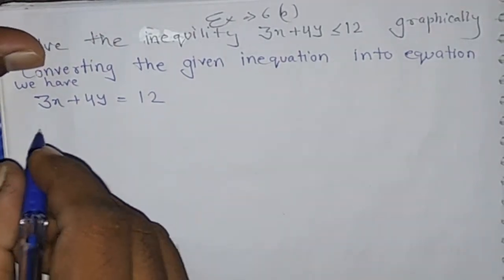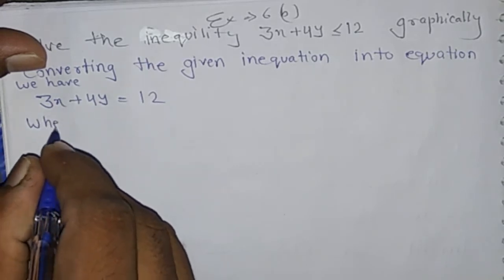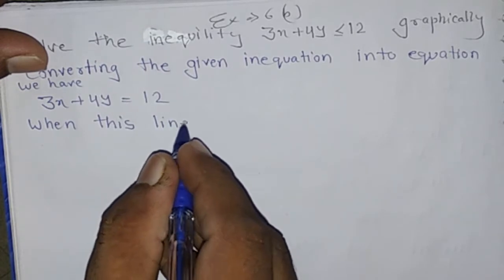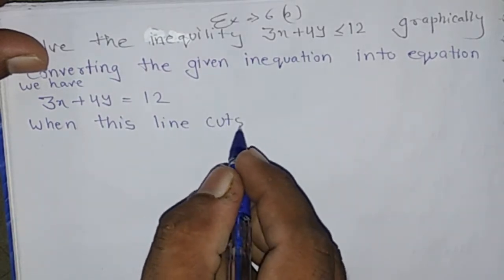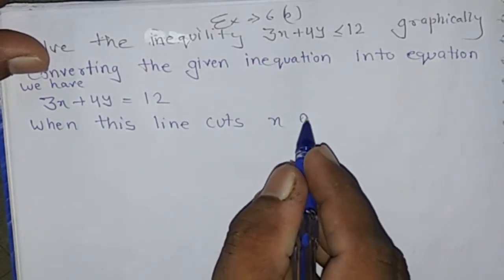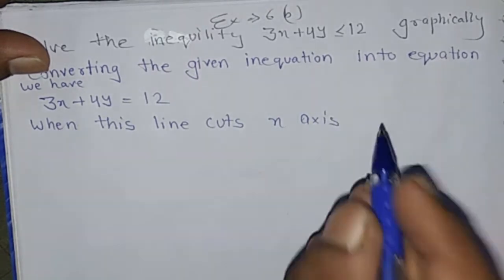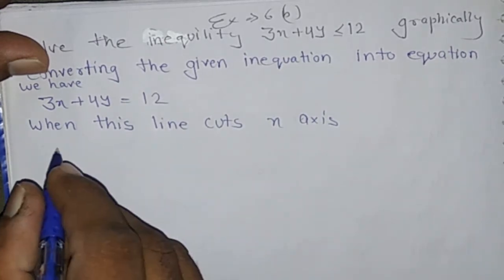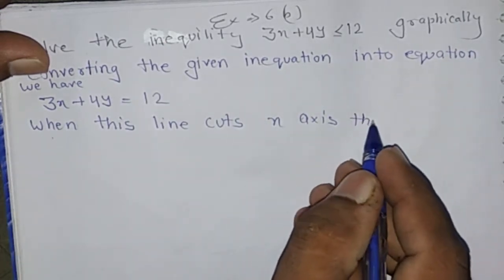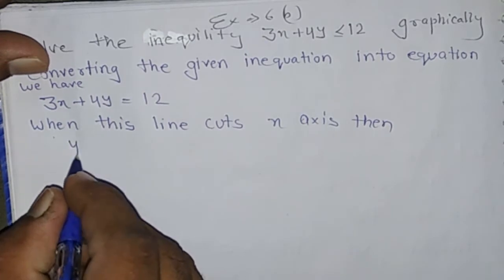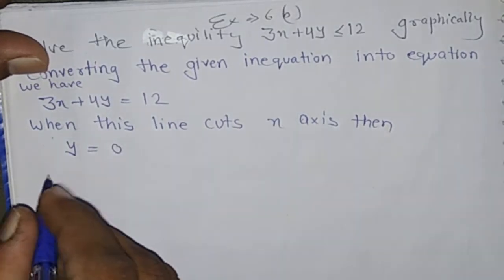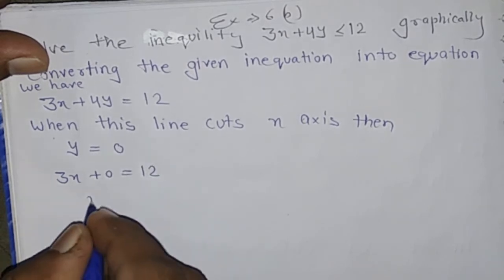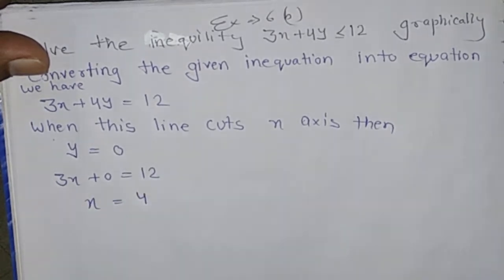Now put y equal to 0. This line cuts the x-axis at this point. At the x-axis, y equals 0. We have 3x plus 0 equal 12 and the value of x is 4.